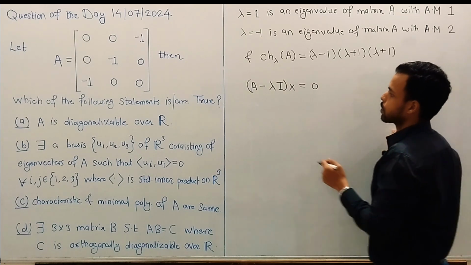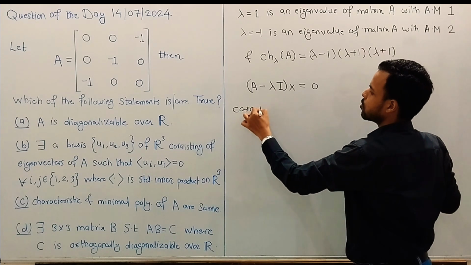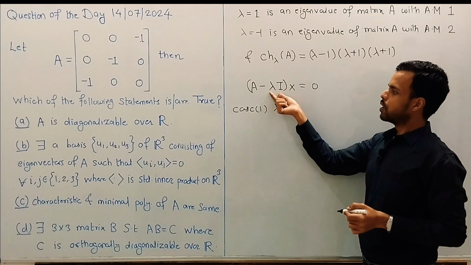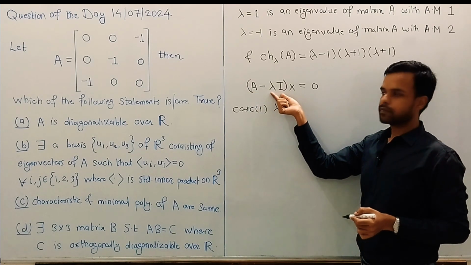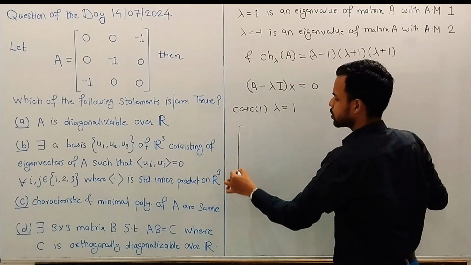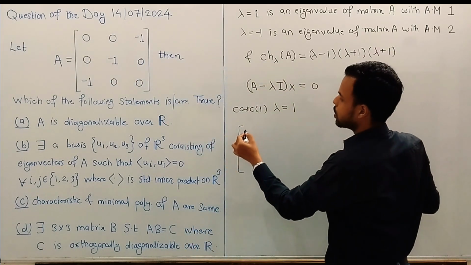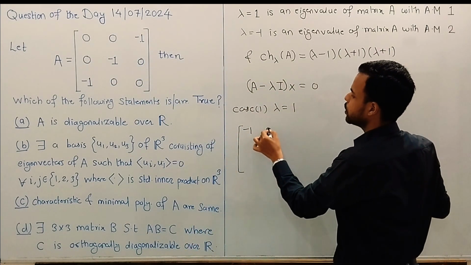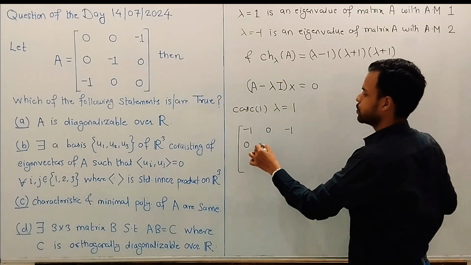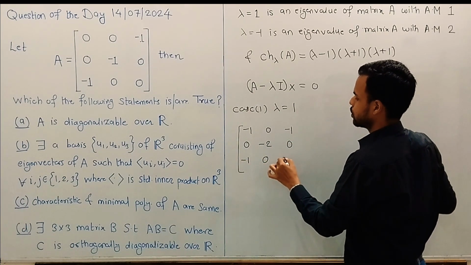Okay, so let's consider this homogeneous linear system for lambda equals 1. When lambda equals 1, this matrix will become A minus I. So when lambda equals 1, the matrix A minus I is minus 1, 0, minus 1, 0, minus 1, minus 1, that is minus 2, 0, minus 1, 0, and minus 1.